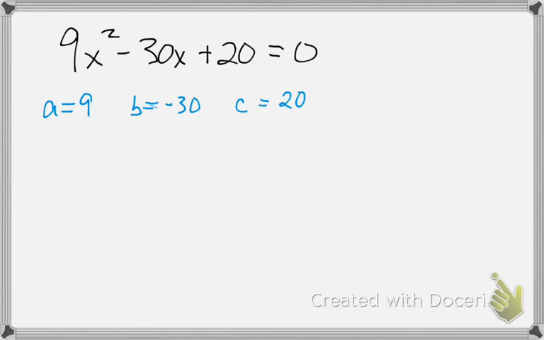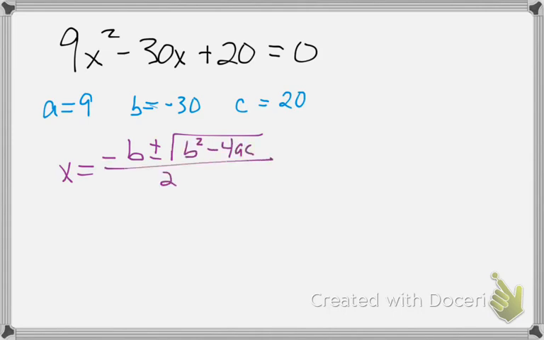If you don't know the formula, write it out every time you go to use it. You'll get it quickly. So x equals negative b plus or minus square root b squared minus 4ac all over 2a. Now, even for quadratic formula veterans, my recommendation to you is to just plug in. Take one step just to plug in. Don't try to do any simplifying on the plug-in step. You'll make careless mistakes. Just plug in, then simplify.